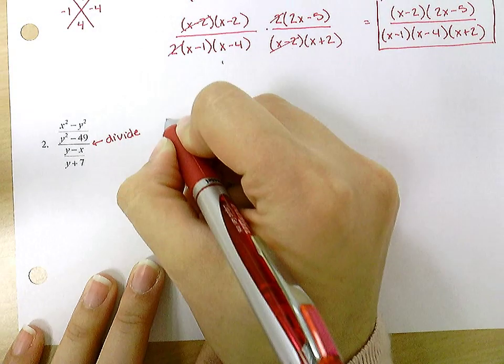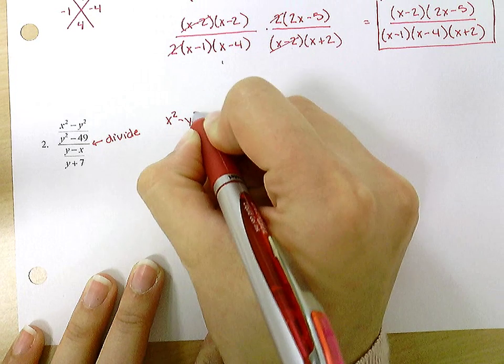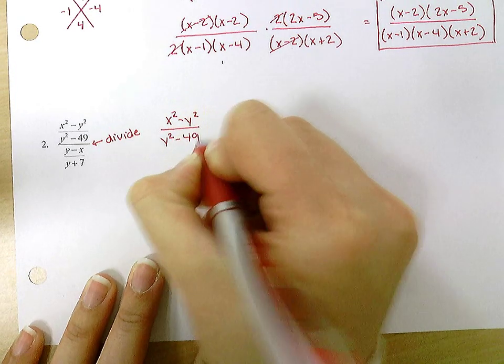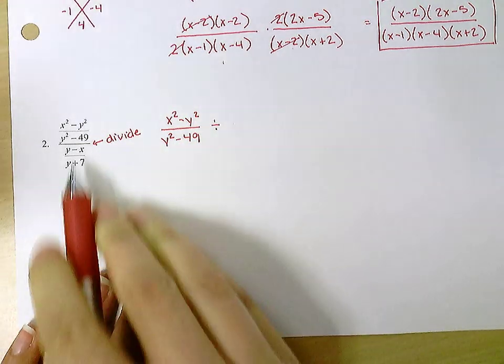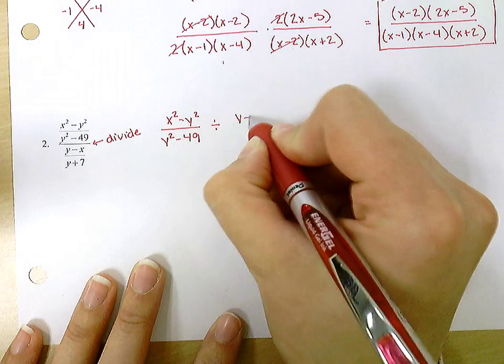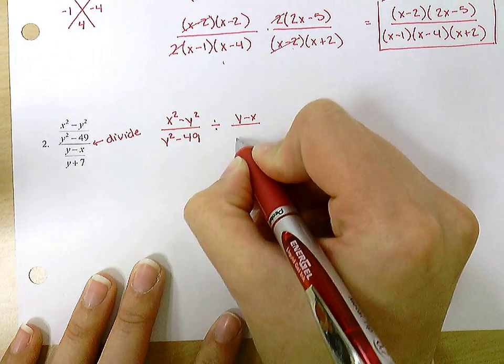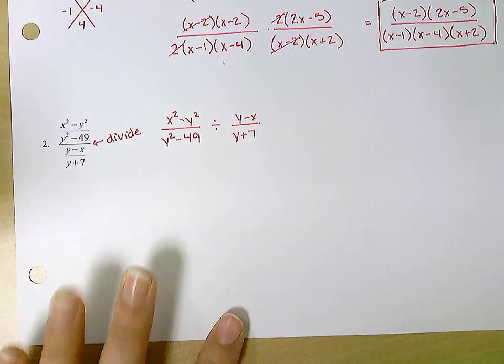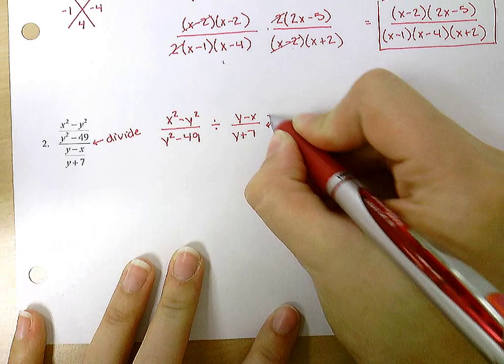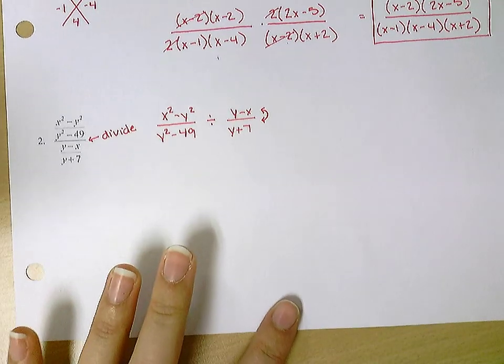I can write it as (x squared minus y squared) over (y squared minus 49), divided by, instead of our fraction bar in the middle, (y minus x) over (y plus 7). Since this is a division expression, we want to change it to multiplication, so we multiply by the reciprocal. You need to switch your numerator and denominator.